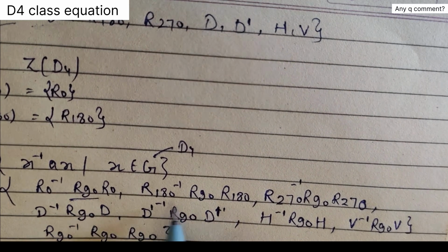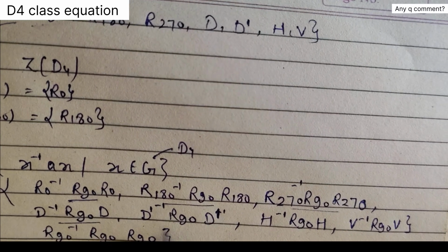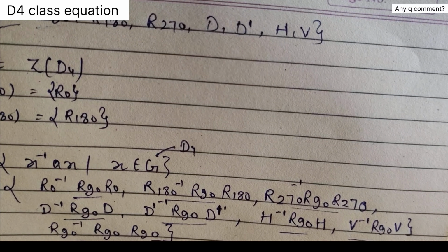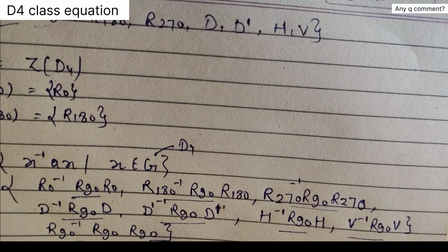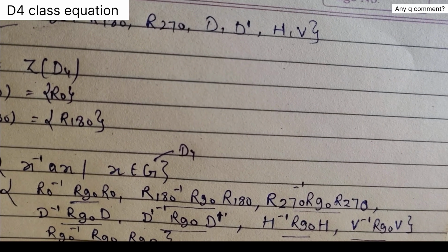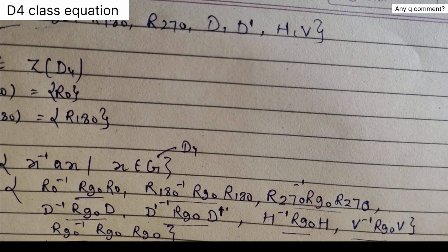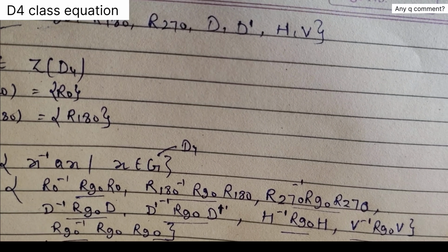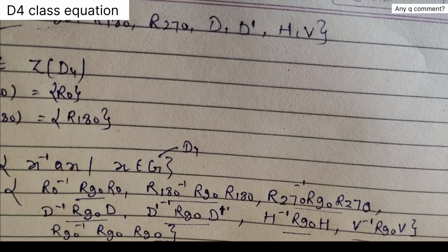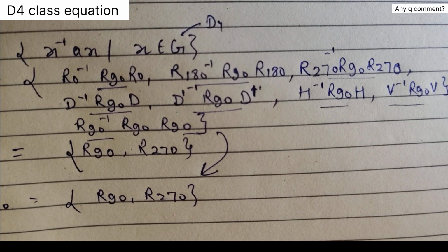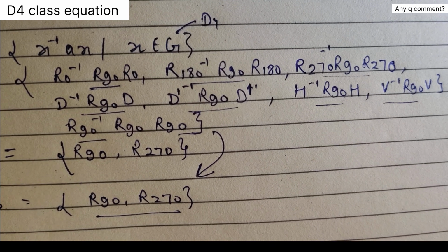On solving those forms, we will get R90 and R270 only. Similarly, for R270 it will be R90 and R270. We can write the forms in the same way, and we get this.